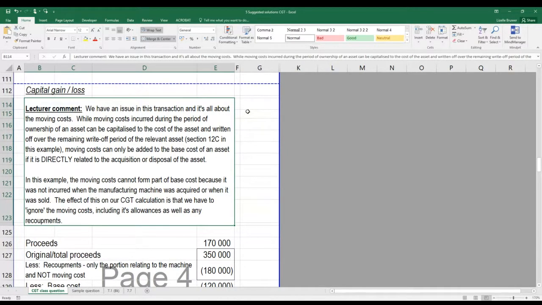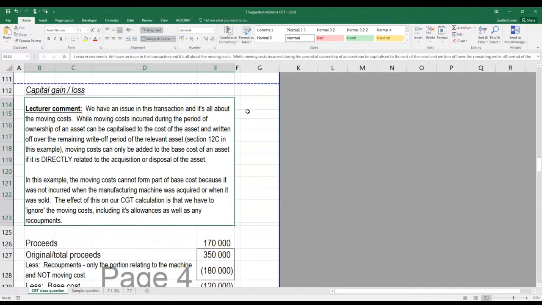For CGT purposes, you can only add moving costs to base cost if it relates directly to the acquisition of the asset or the disposal of the asset. So if there was moving cost incurred when this asset was purchased, then we wouldn't have had any issues, because we would have added it to cost for capital allowance purposes as well as base cost for CGT purposes.